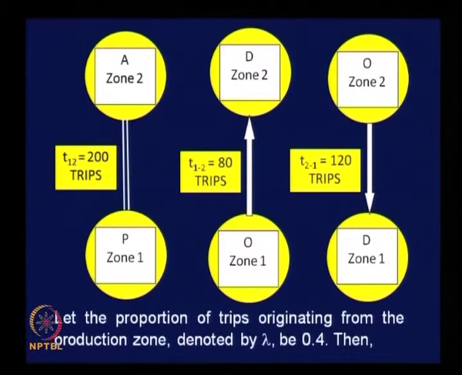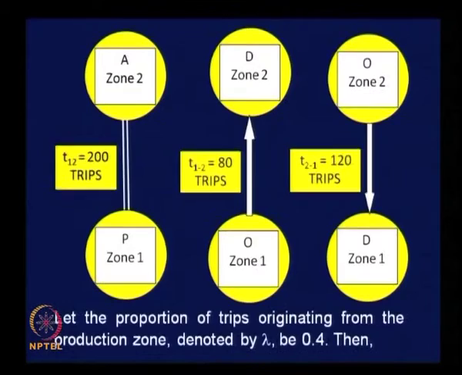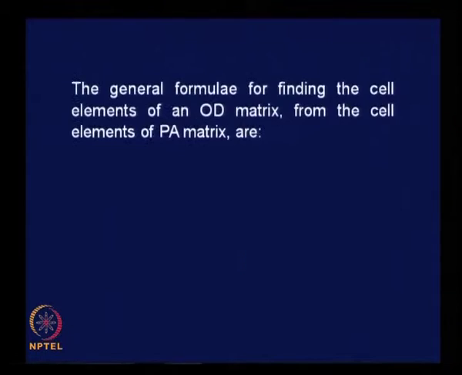Now we are able to split by knowing the proportion of trips originating from a particular zone. So based on this principle we can just write a generalized formula for converting PA information into OD information. The general formulae for finding the cell elements of an OD matrix from the cell elements of PA matrix are as follows.